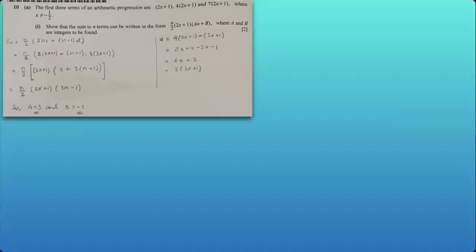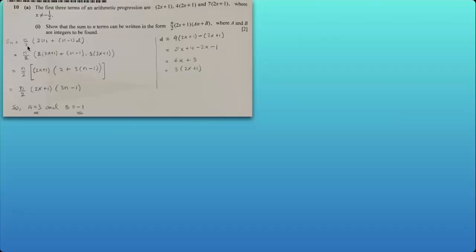Last question, number 10, part A. The first 3 terms of an arithmetic progression are given here, and x is not equal to minus 1 over 2. Part 1, show that the sum to n terms can be written in this form, where a and b are integers to be found. So this is the formula.